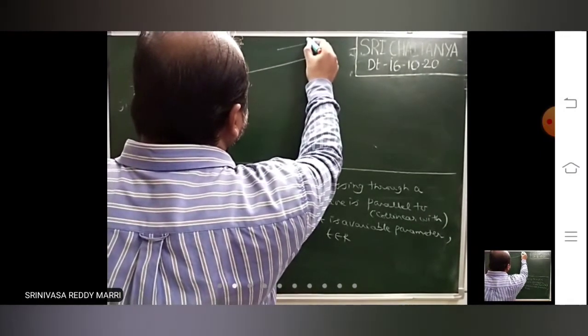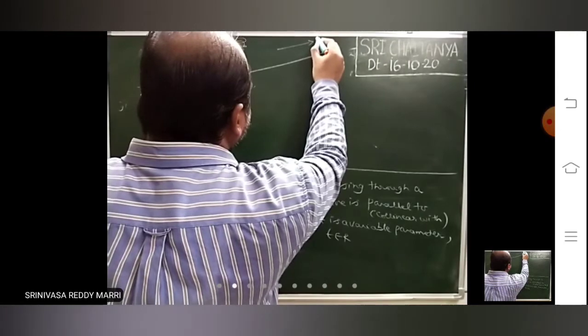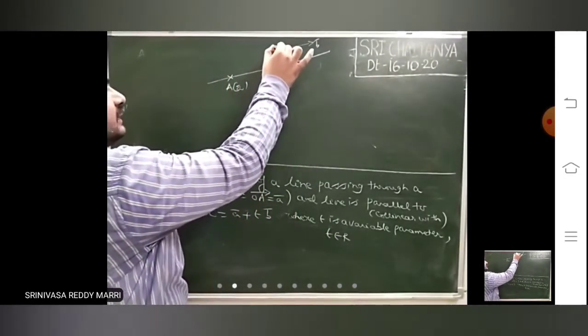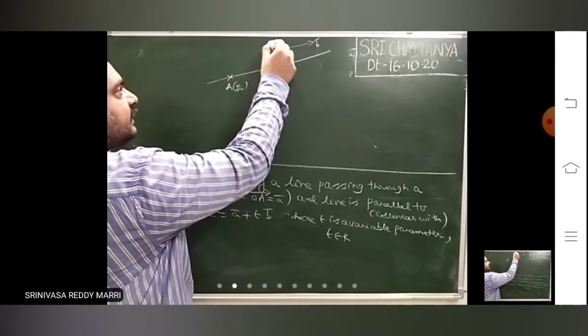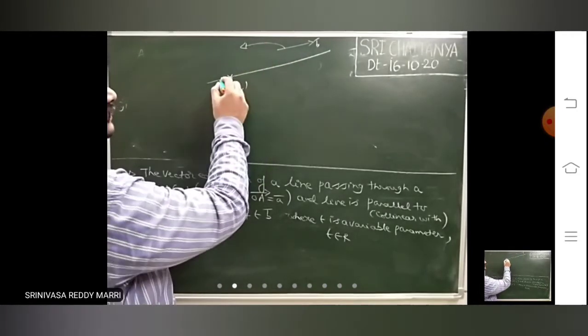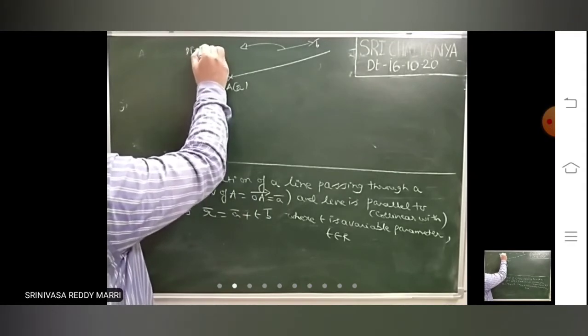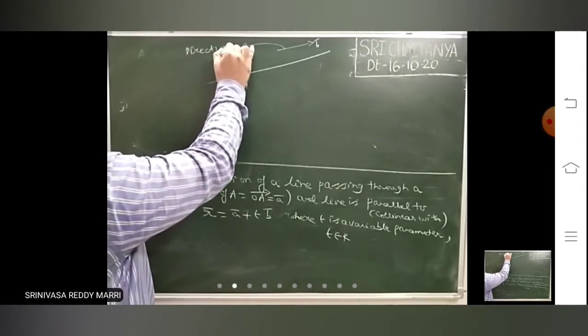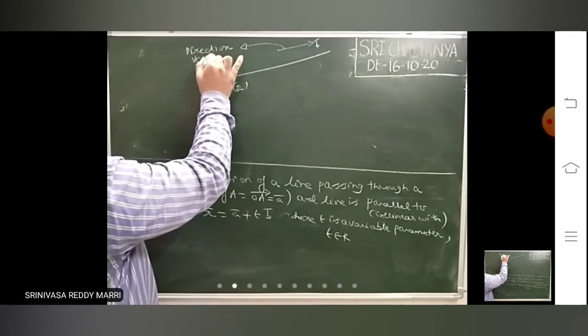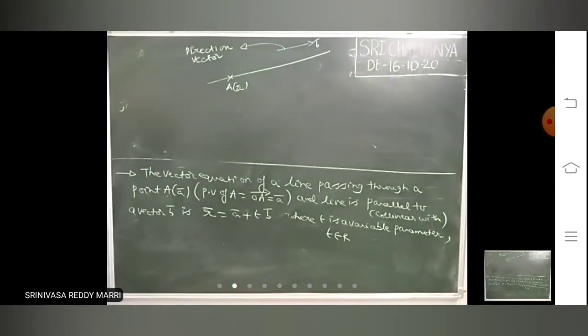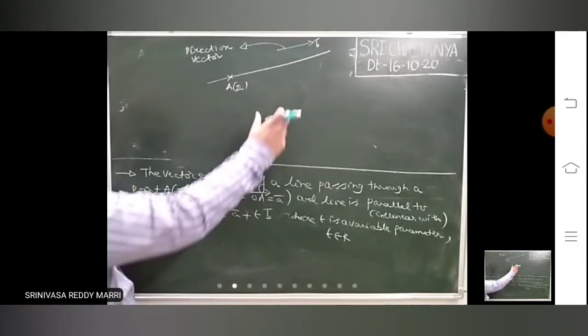That means the line is drawn parallel to a vector. This is called the direction vector. This is called the direction vector of that line.